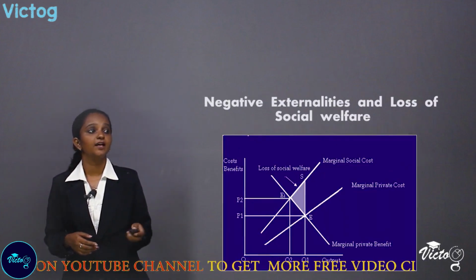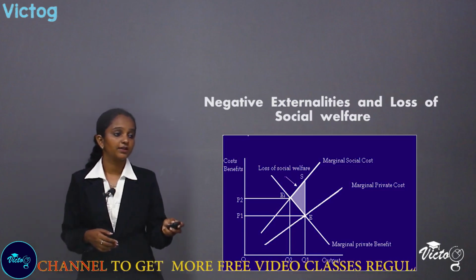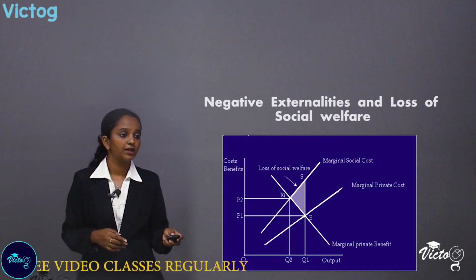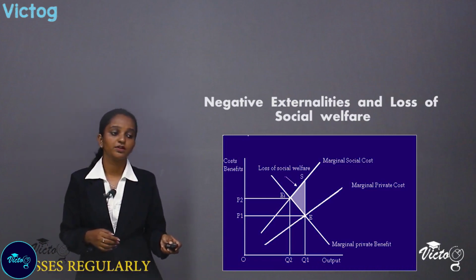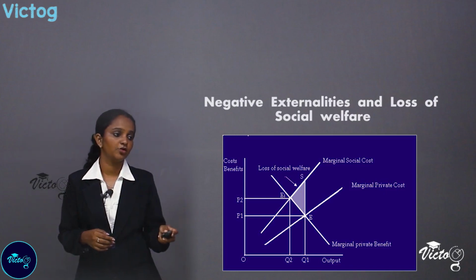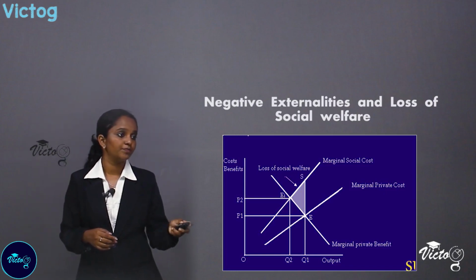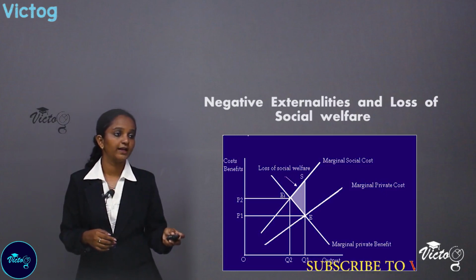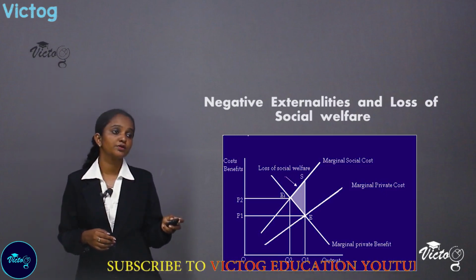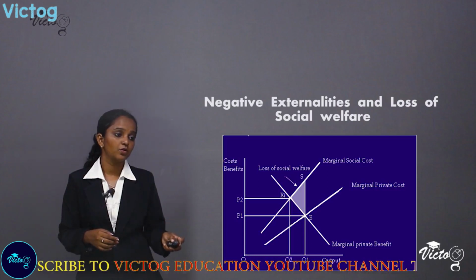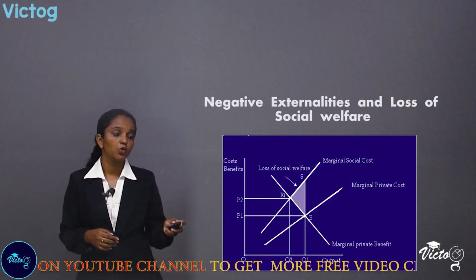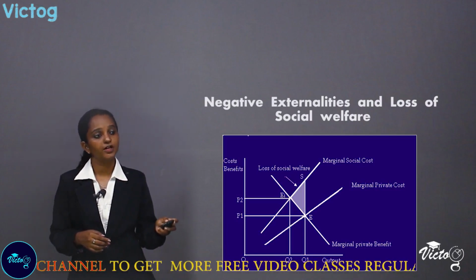Negative externality and loss of welfare. If the market is operating in a free market economy, these people will be producing at the Q1 level of output at the P1 level of price. So the marginal private cost will be Q1E, whereas taking marginal social cost into account, the marginal social cost is greater than the marginal private cost, so there exists an overproduction in the economy.